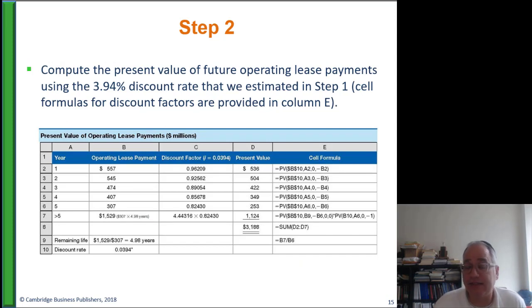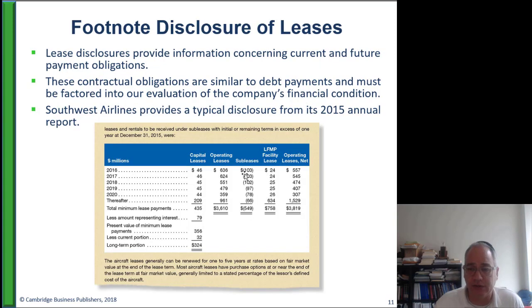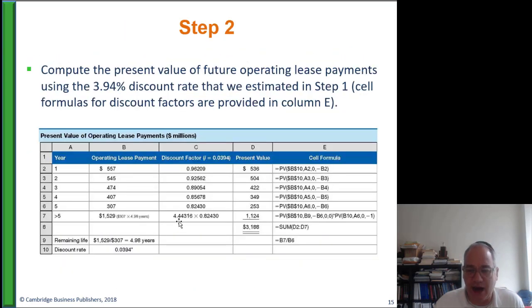So now I'm going to take that same figure, 3.94%, and figure the present value of the operating lease payments. Now again, we have the same problem with the operating lease payments. They only give us 5 years, and then thereafter is 961. So what we need to do here is also stretch these out. And 1529, they did this in a more sophisticated way.